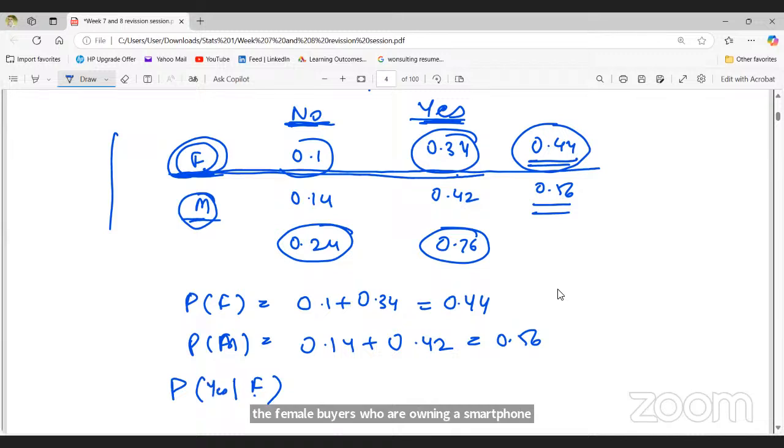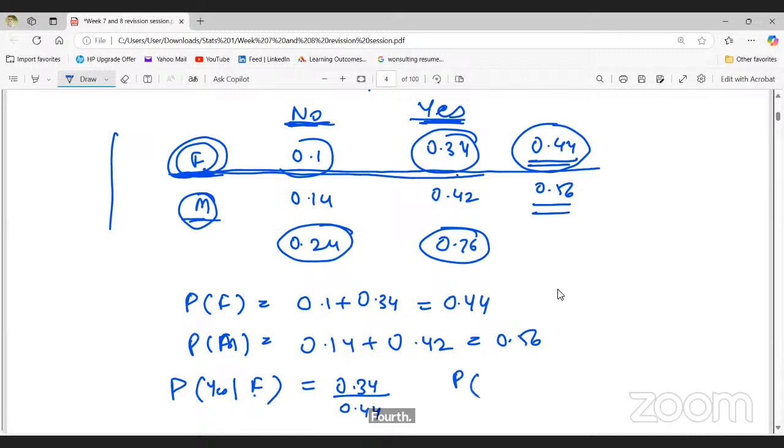So it would be 0.34 by 0.44. Correct. Similarly, if my question is among the female buyers who are not owning a smartphone, it would be 0.1 by 0.44. So this is the conditional probabilities.